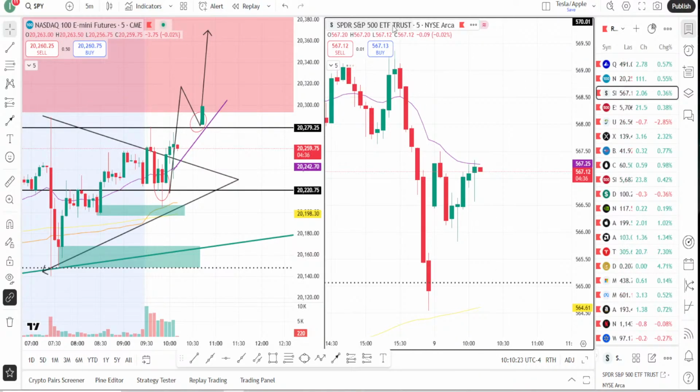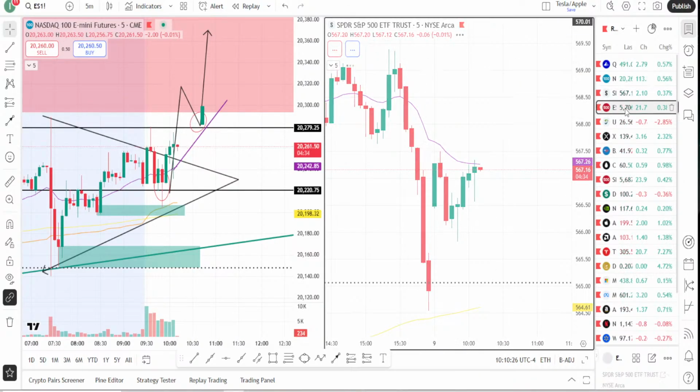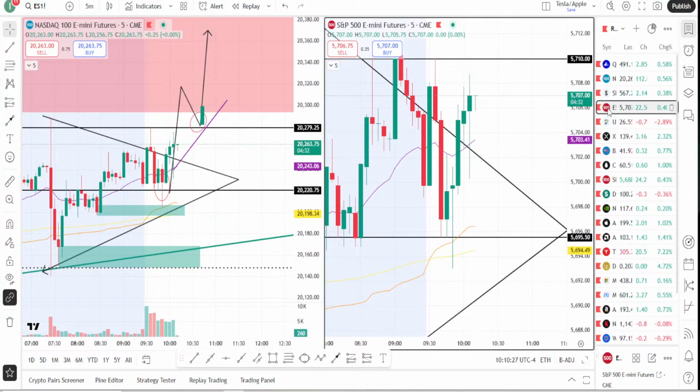These are ETFs for stocks, and then these are, as you can see here when I put my cursor over it, S&P 500 E-mini futures.